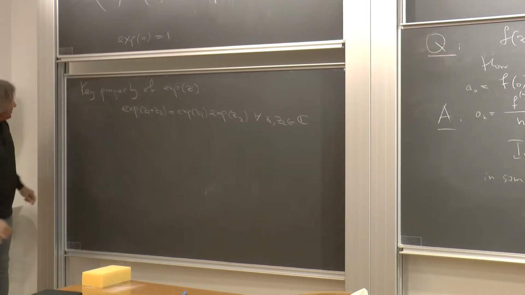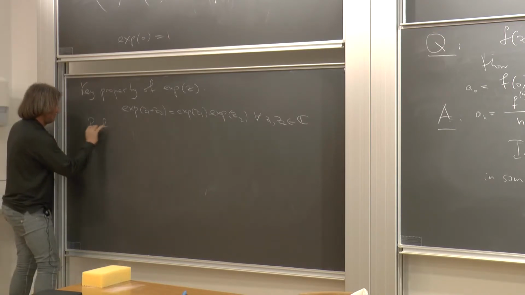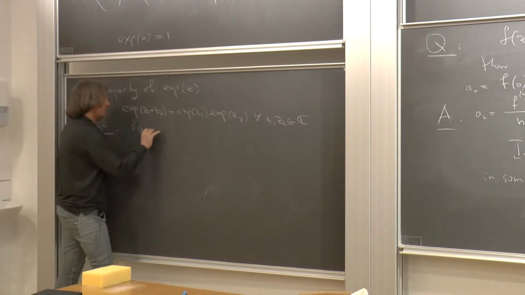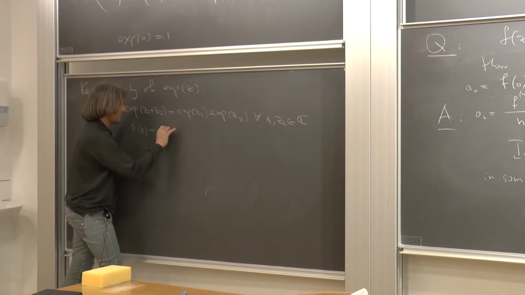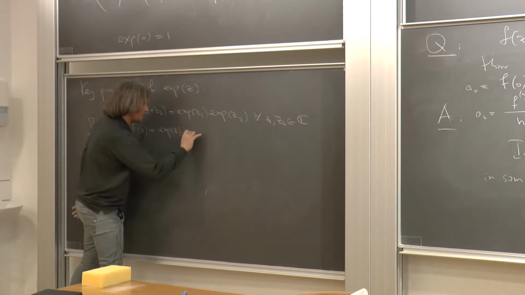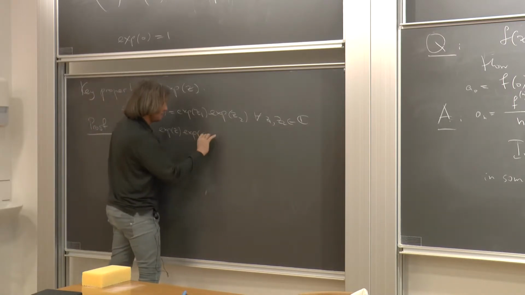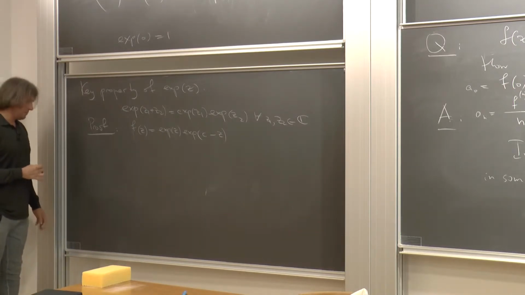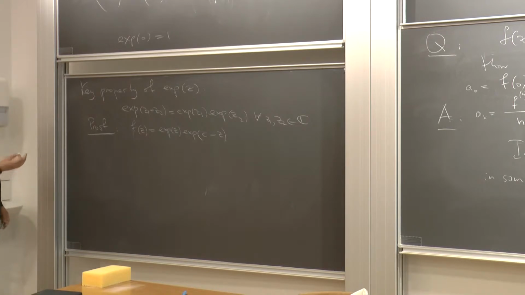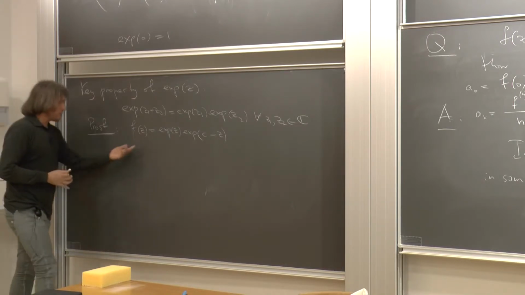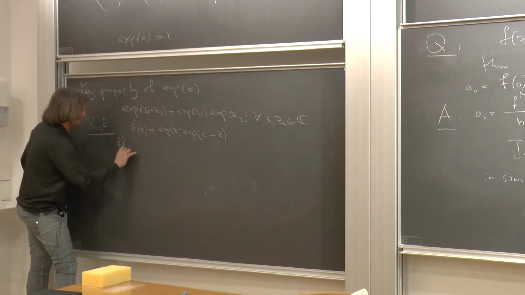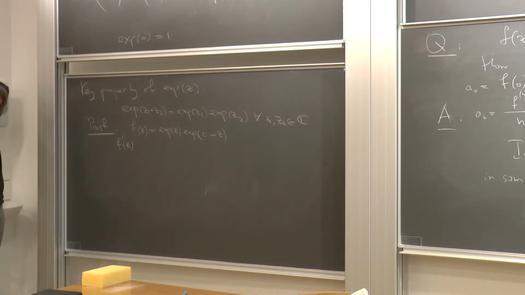Now let's prove this. So consider a function, call it f of z, which is the exponential function of z times the exponential function of some constant minus z. Later we'll choose a constant. So it's a product of two holomorphic functions. It's holomorphic. Let's find its derivative.